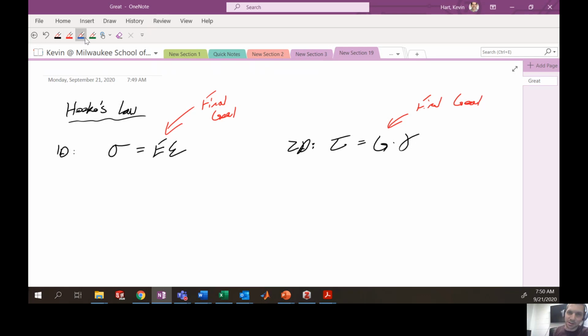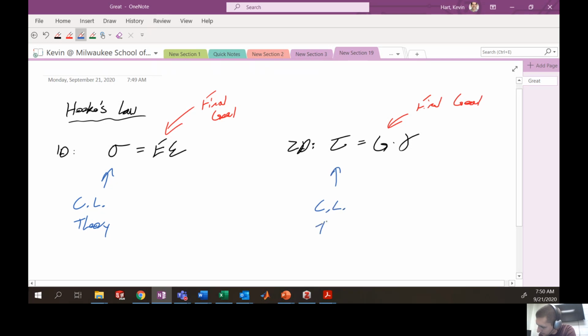So for us to calculate the elastic modulus E and the shear modulus G, we'll need to get the values of sigma, and these are gotten from your combined loading theory. Same thing with the shear stress, combined loading theory. And then the strain is obtained from the lab measurements.